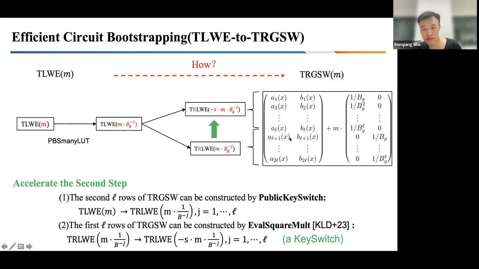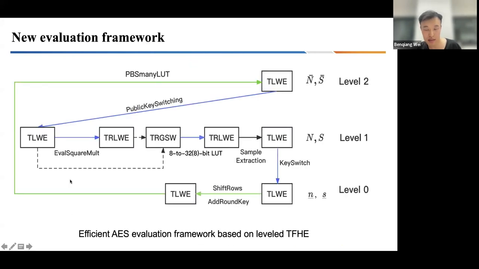So AES can be evaluated more efficiently. This diagram shows the detailed evaluation process. In this diagram, you can see that AddRoundKey and ShiftRows can be evaluated at level 1, while the 8-to-32 or 8-bit lookup table can be evaluated using CMux gates.